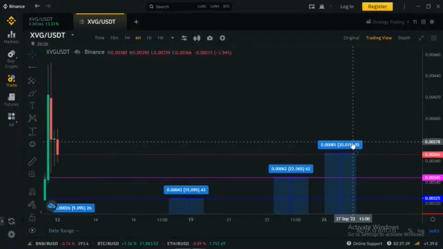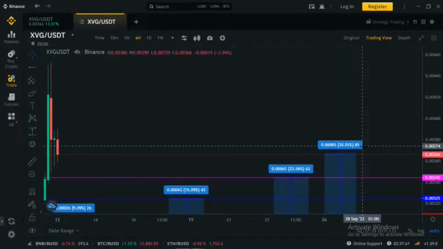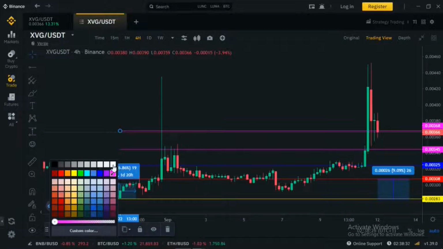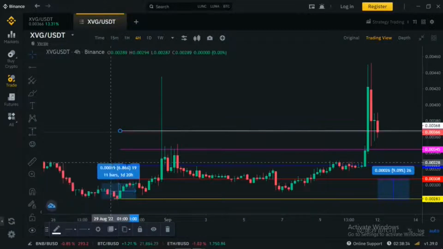And finally, my take profit price was at the 30% of the most current bullish trend section. And then I used the white horizontal line to indicate my take profit price, which is 0.00368.